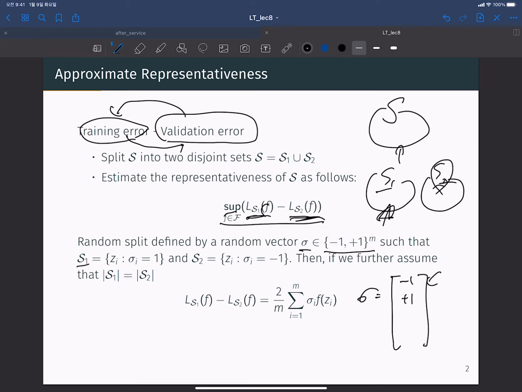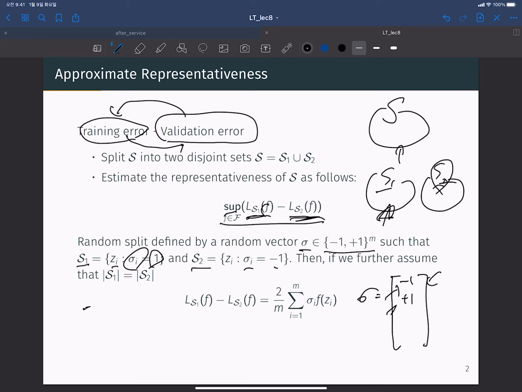And then S1, the first set, can be considered as the set of all element indices which have the positive value. S2 is the set of all training data points corresponding to the elements having the -1 value.